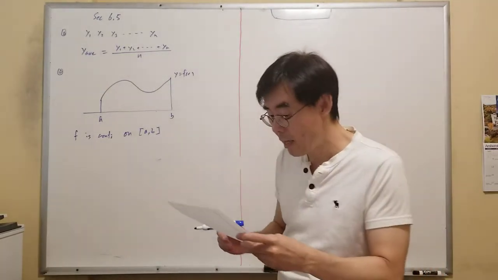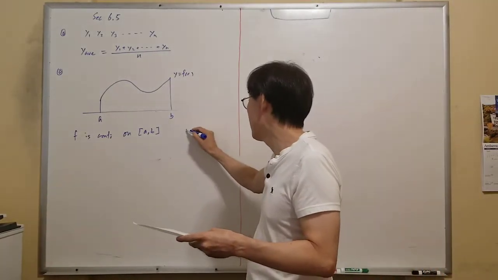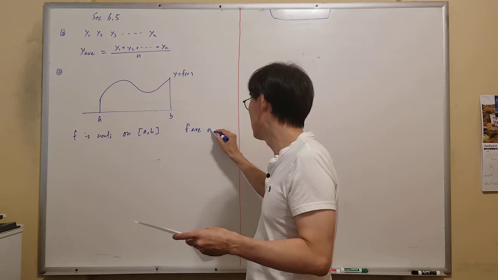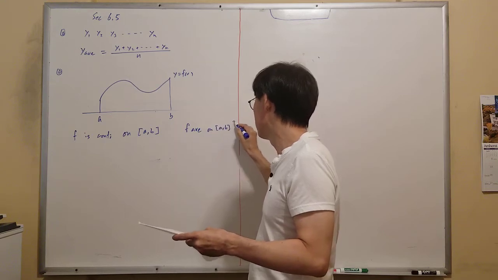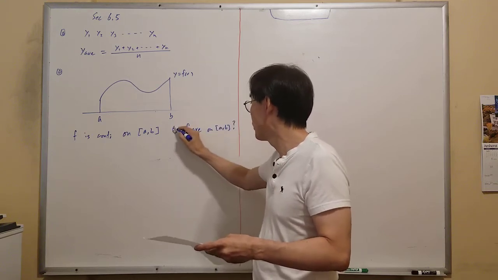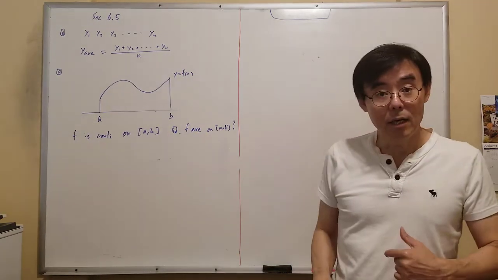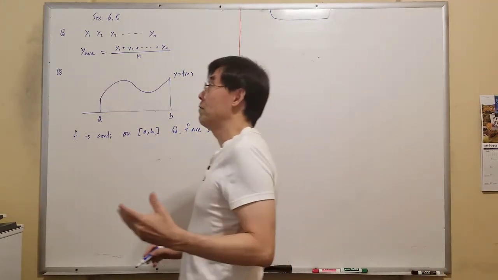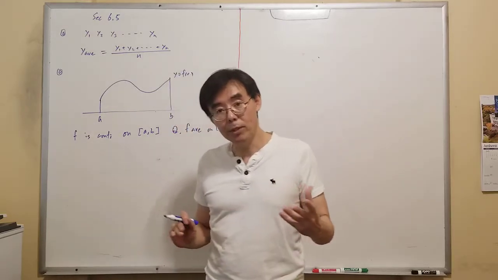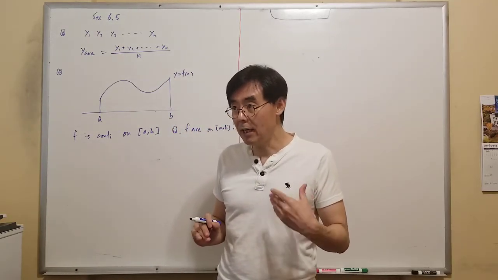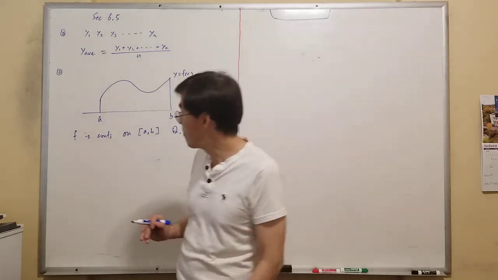So, how can you define f average on this interval? The question is, how can you define it? Now, if you don't have any idea what to do with this, then you might approach it this way.